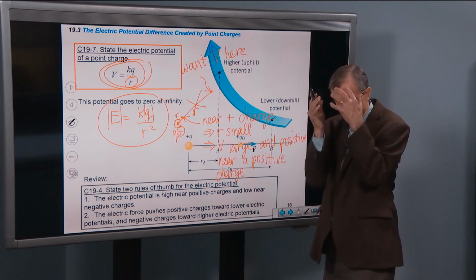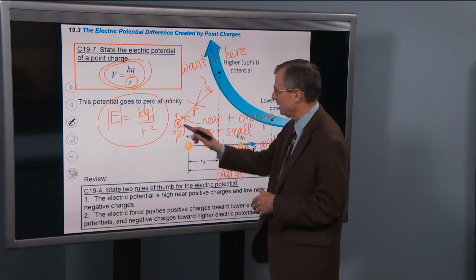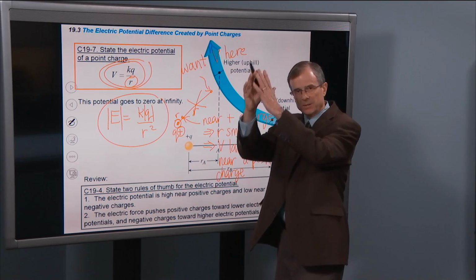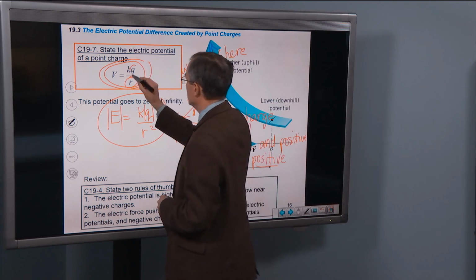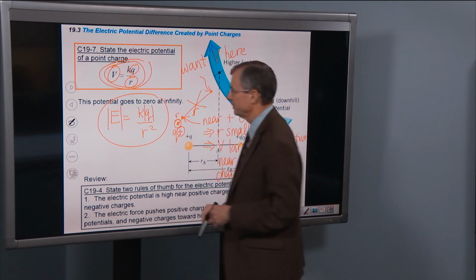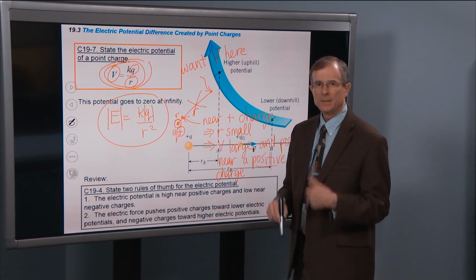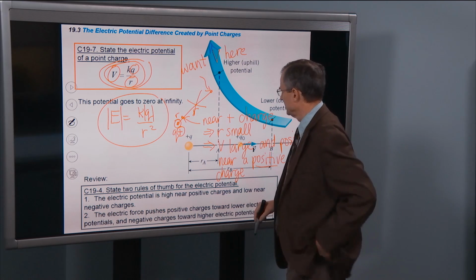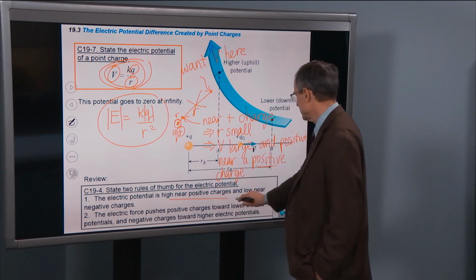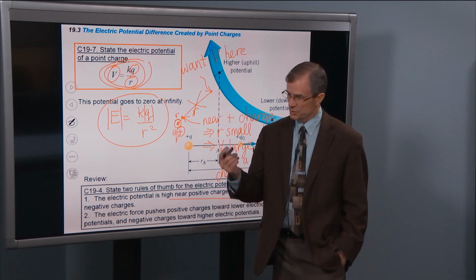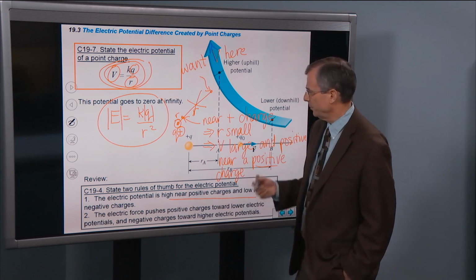So what to think about here is that this is like a mountaintop, really high spiky mountaintop. If the charge is positive, Q is positive, V is positive, and it's huge near that positive charge. So the electric potential is high near positive charges. Is that true? It sure is. It's like we've just shown it.